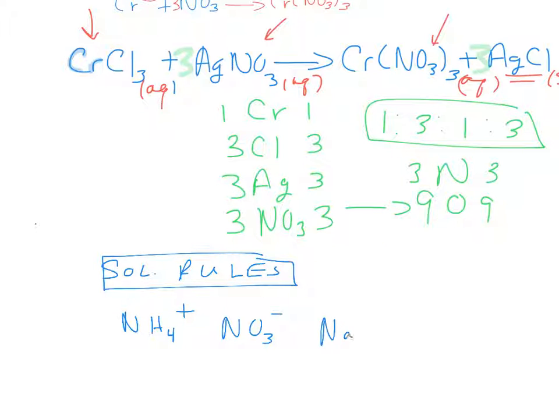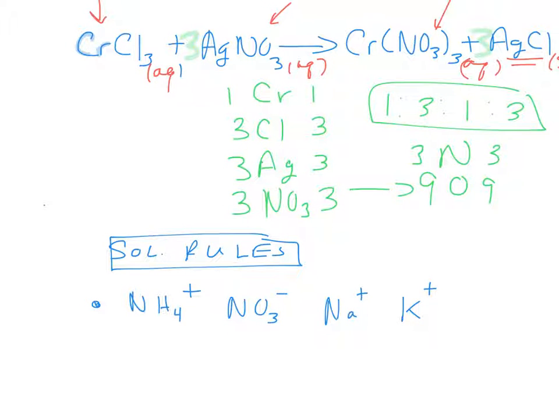Named stands for sodium ion, and Kevin is potassium ion. So all of these ions, if they're in a compound, make everything soluble or aqueous all the time, no exceptions. There's another no exception rule, and that is acetates.